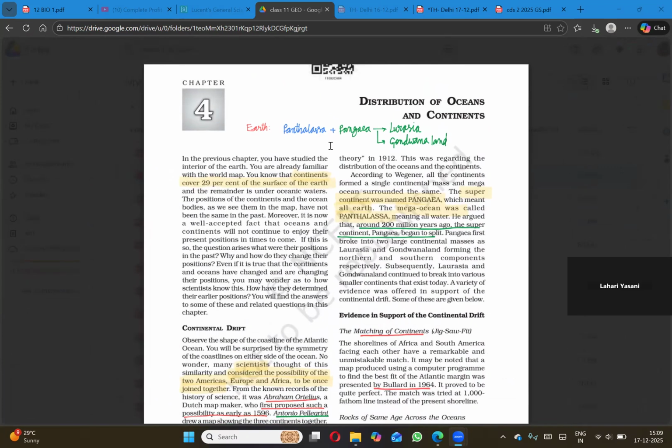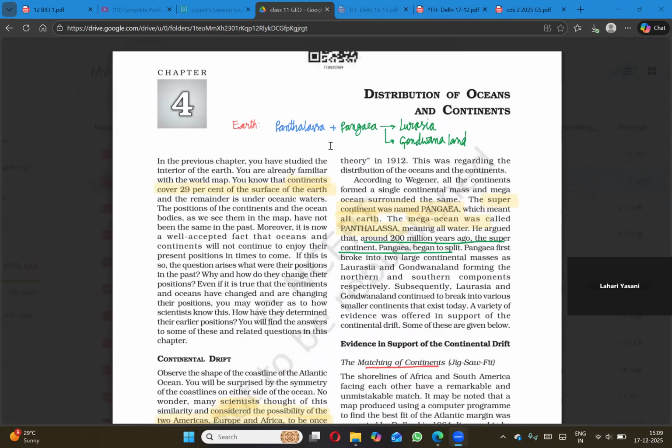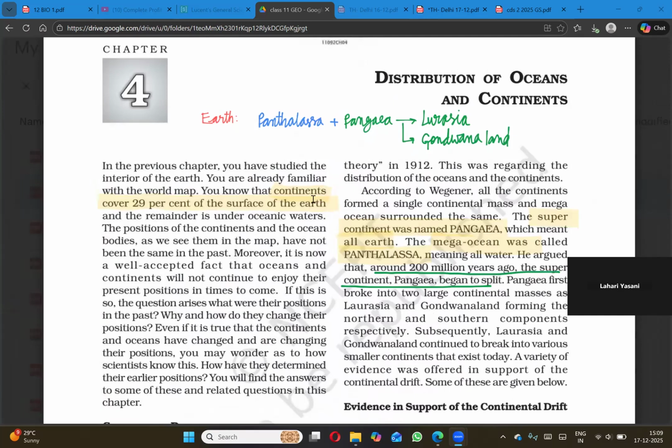So we'll go accordingly. First of all, as you see the highlighted area, you know that continents cover 29% of the surface of the earth, and the remainder is under oceanic waters. The positions of the continents and the ocean bodies as we see them in the map haven't been the same in the past.